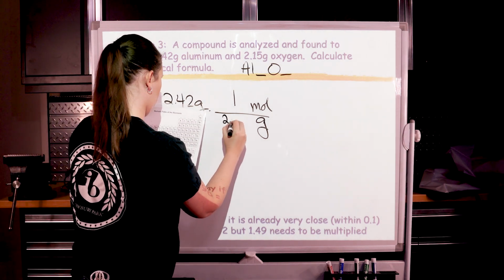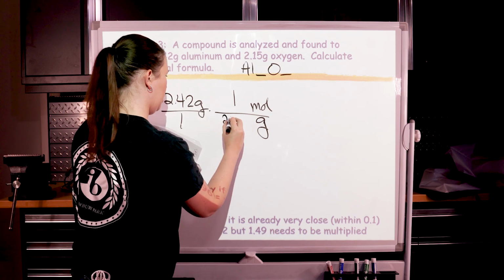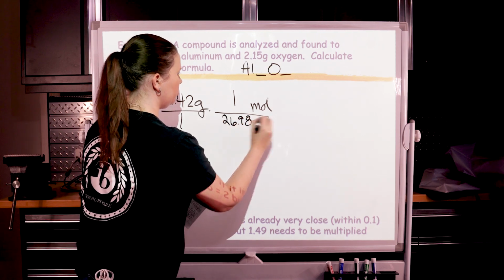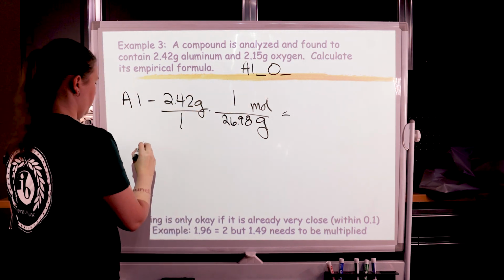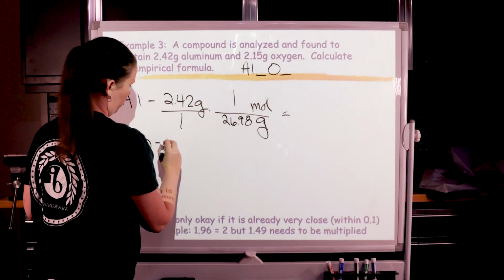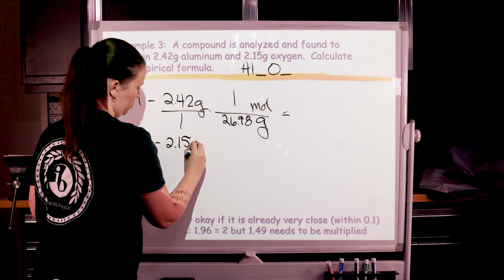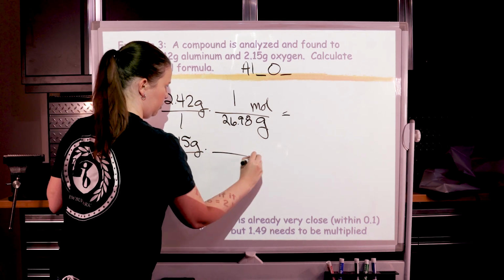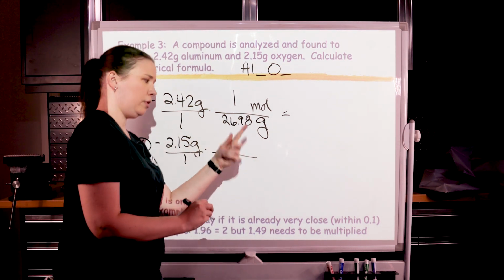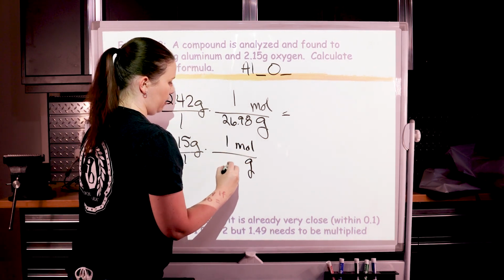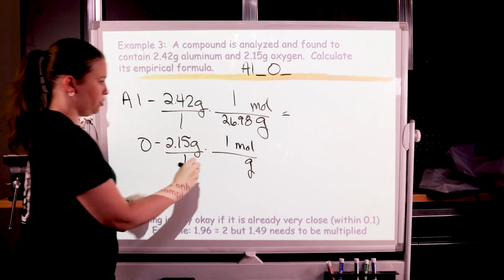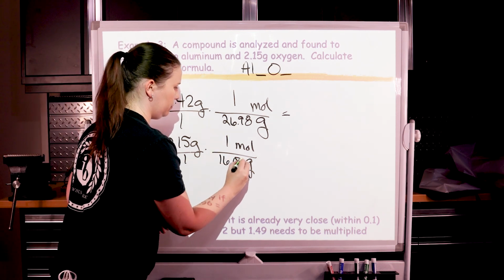We got 26.98. All right, now let's do that for oxygen. For oxygen, we're starting with 2.15 grams. We'll put that over 1. And then again, gram to the bottom and mole on top. Always 1 mole. And then the molar mass for oxygen now is 16 even.